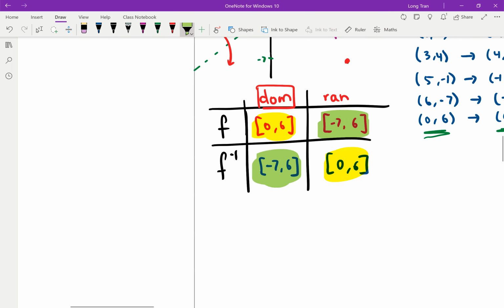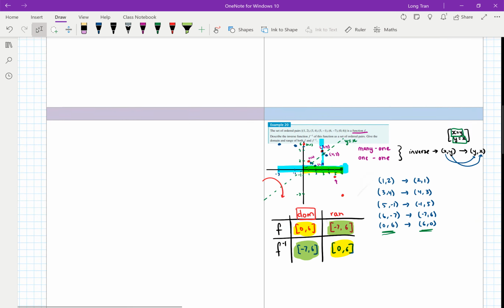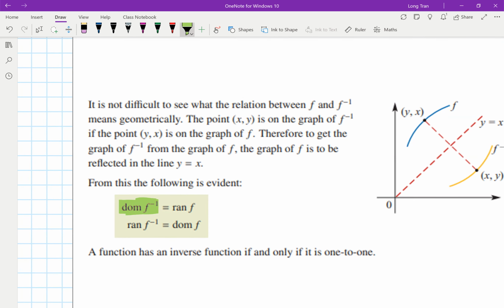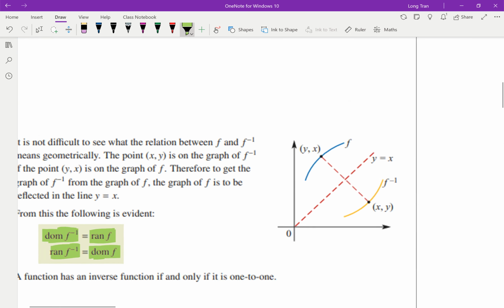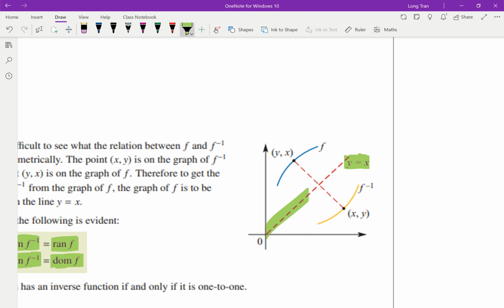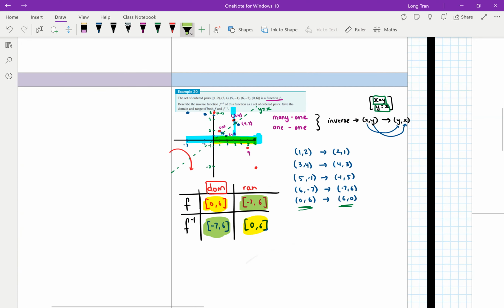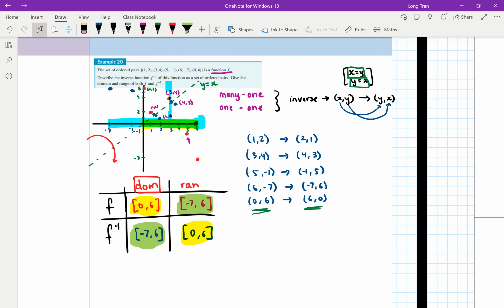And that's a special property that you must know. And that links back to this point here. Domain of the inverse becomes the range of the function, the range of the inverse becomes the domain of the function. Everything gets flipped across this mirrored line. So that's essentially what they tried to get you to identify.